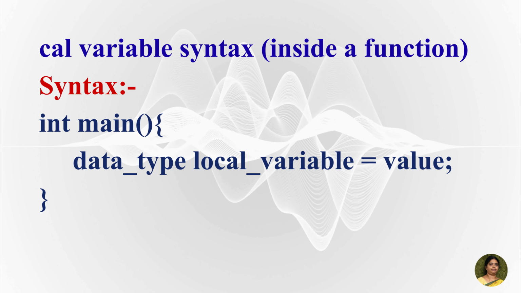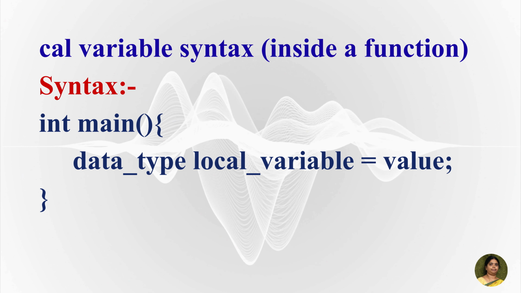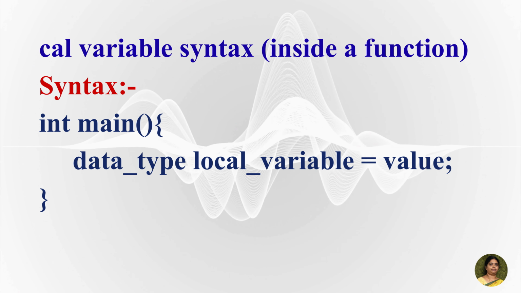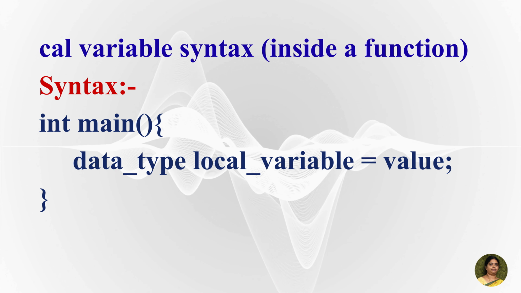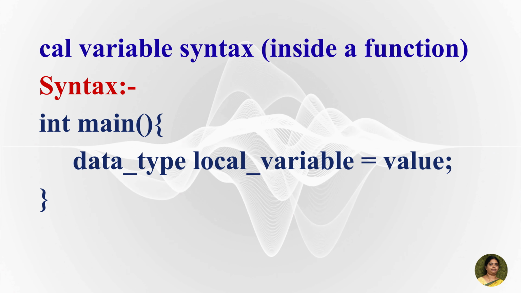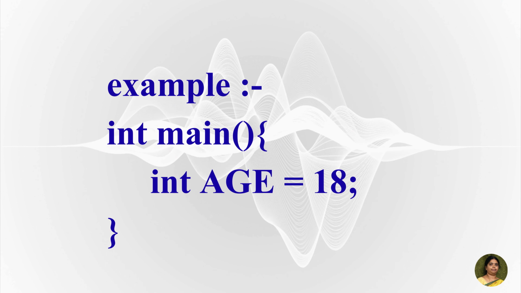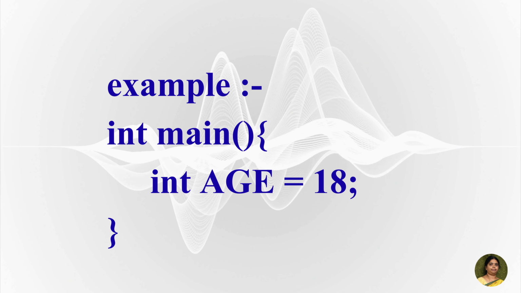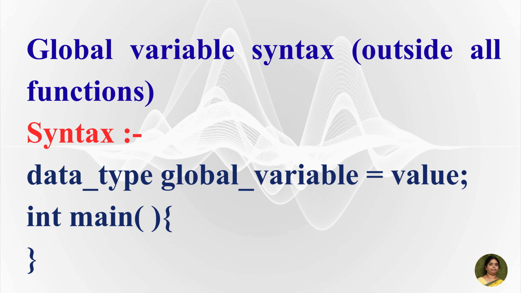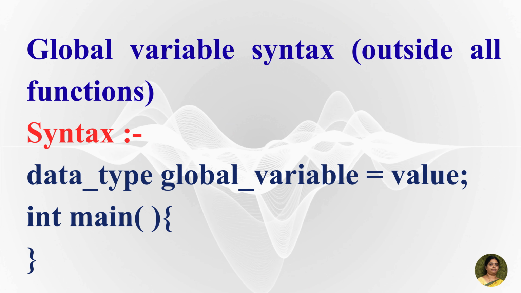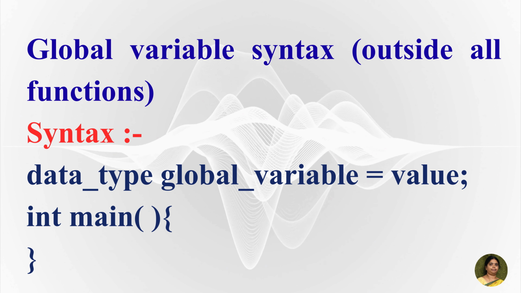A local variable is declared inside a function or block and can be used only within that function or block. Syntax: int main, and inside the function we have the value 18 as age. But a global variable is declared outside all functions and can be accessed throughout the program.